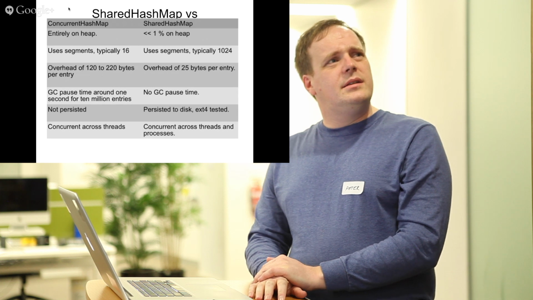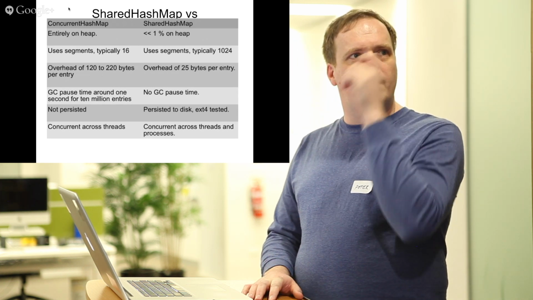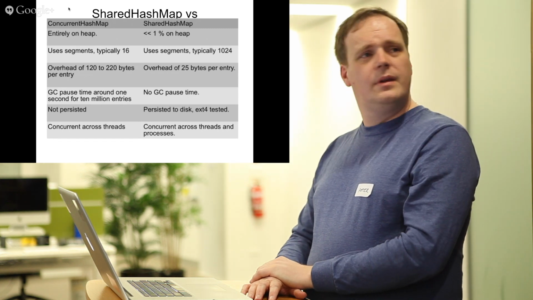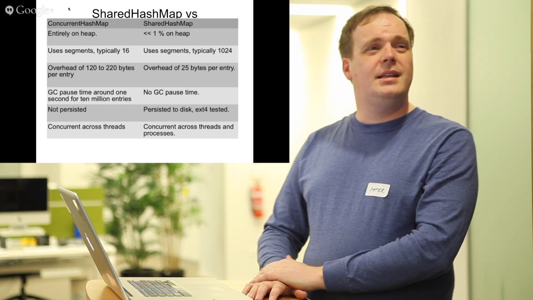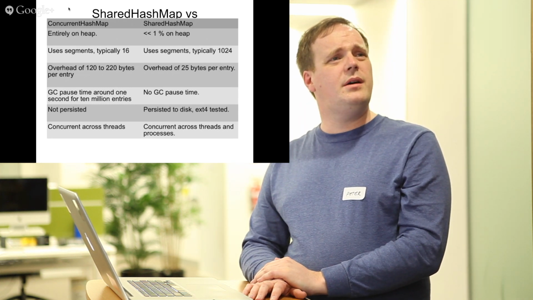Typically it uses concurrent hashmap, it defaults to 16 segments, but I found with shared hashmap you actually want a lot more segments. I'm not sure exactly why that is, but the optimal seems to be about 1,000, which is quite a bit higher.